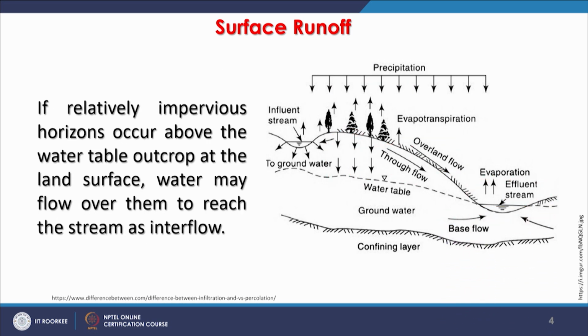Now, as I have mentioned, depending on slope conditions and geologic conditions or rock and soil types, if a relatively impervious horizon occurs above the water table, like here in this example where the water table is here, and the water table outcrops at the land surface, which is here, water may flow over it to the stream as interflow.